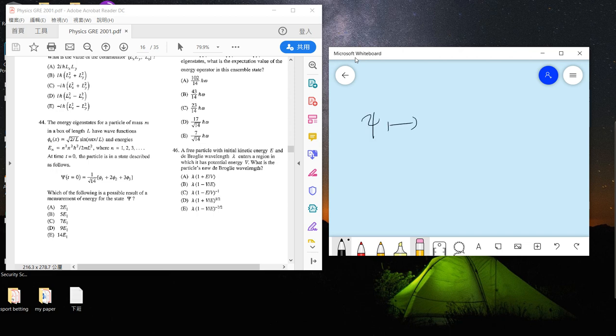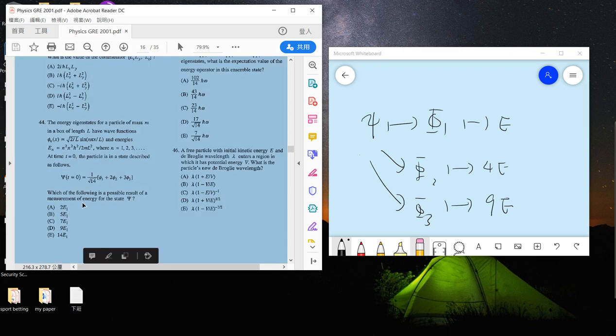If you do the measurement, then it will become phi 1 or phi 2 or phi 3, because it will collapse into the eigenvalue. So it should be E. This is 4E. This is 9E. So the answer is D.